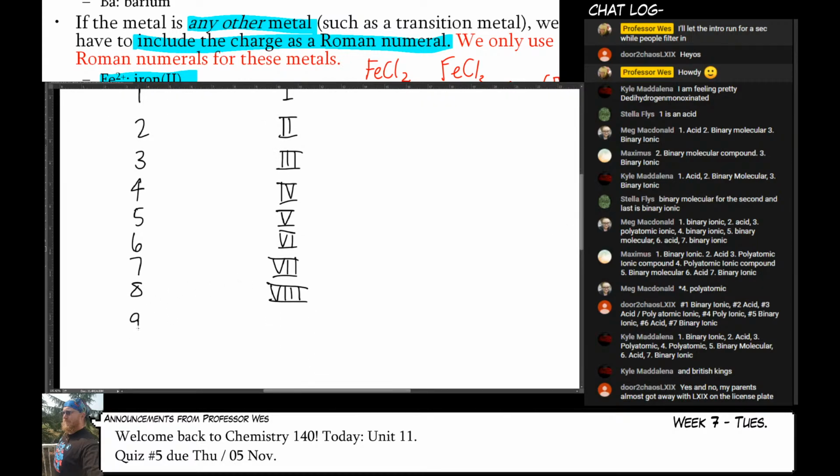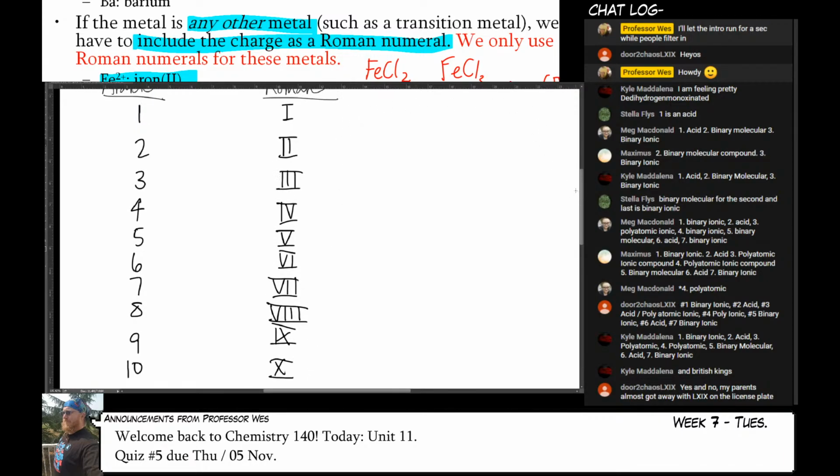And then we'll go down here and do 9 and 10. We won't use 9 and 10 because charges just don't get up higher than 8, generally speaking. Now, do you need the bars on the top? No. You could instead draw them like this if you'd like.